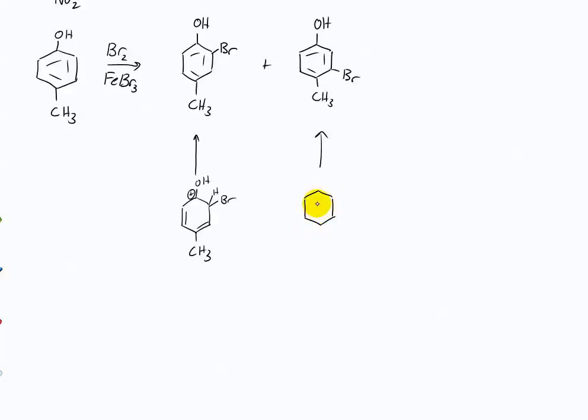So let's look at kind of the most stable resonance form of each of these intermediates. And that is the one that's stabilized by the substituent. So that's these two.